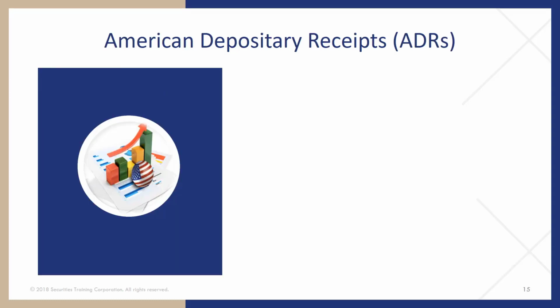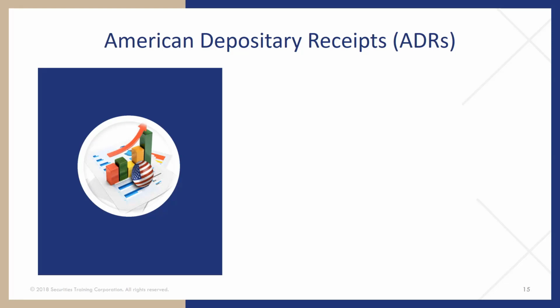Now let's take a minute and discuss our next concept. And that is called ADRs, or American Depositary Receipts. What ADRs are, they represent shares of foreign companies, stock, not bonds, shares of foreign companies that are sold in the United States.